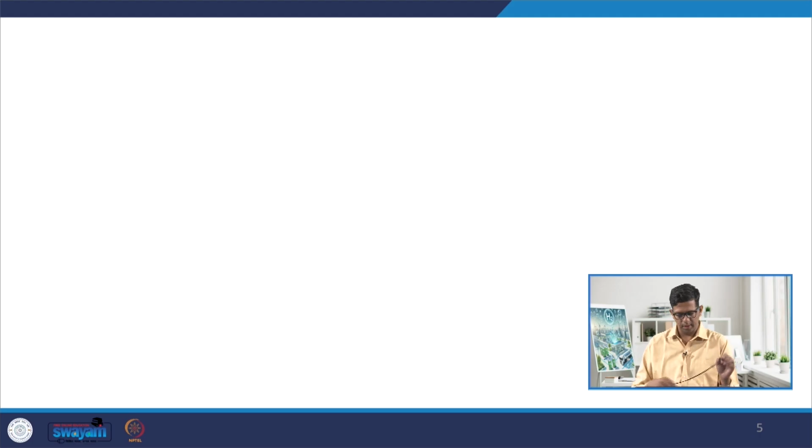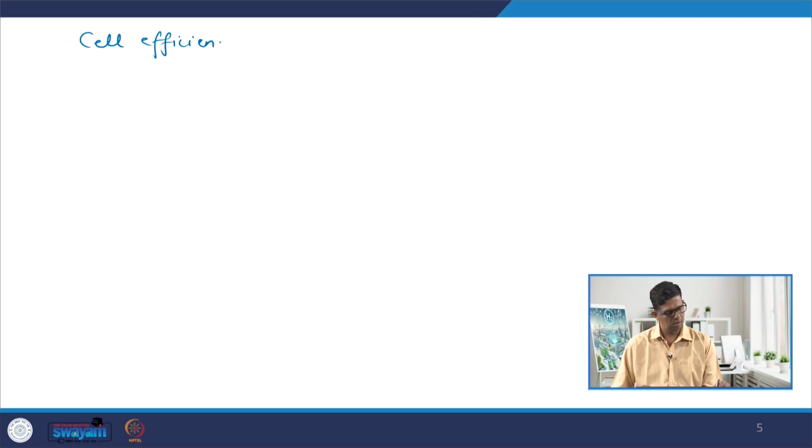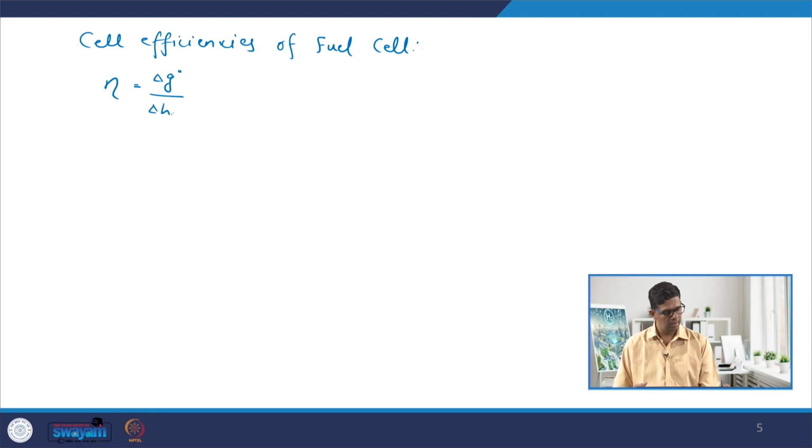So, let us move on and go ahead with another topic. So far what we discussed in case of cell efficiencies, fuel cell basically. We know the thermodynamic efficiency is the ratio of the Gibbs free energy with respect to the enthalpy at STP, and that is a very standard value.